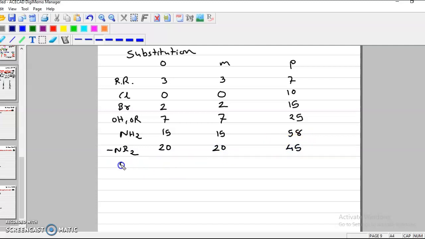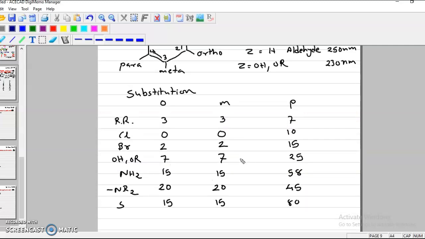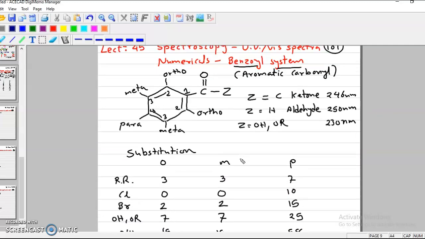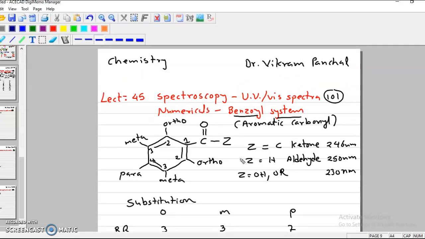And if sulfur is present, then for ortho 15, meta 15, and para 80 nanometer. So all these values will be given to you when you calculate any numerical based on benzoyl system. Okay, now we'll start with the numericals.